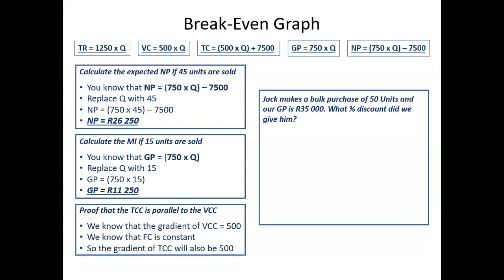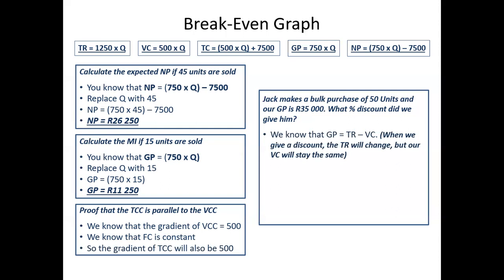Then the last question, and this is the only one that requires a little bit more thinking. It says Jack makes a bulk purchase of 50 units and our gross profit is 35,000. So what percentage discount did we give him? Okay, follow the reasoning. We know that the gross profit is equal to our total revenue minus our variable cost.